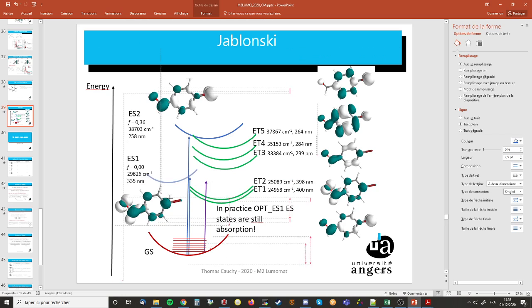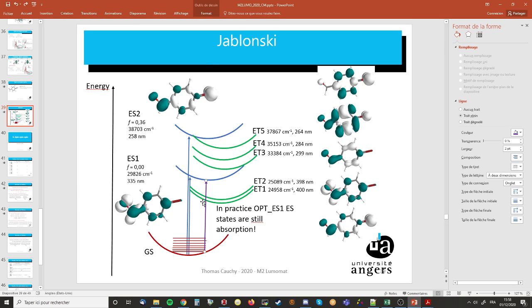It will not be correct. But here the blue, the violet one is lower. It should be here, and this curve should be there.